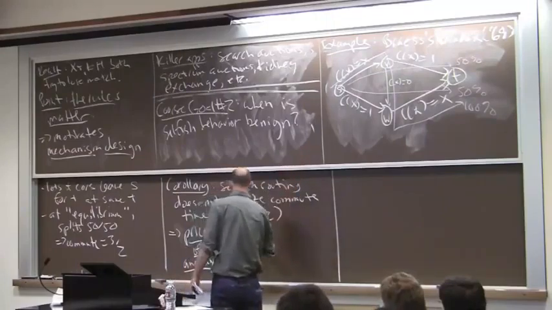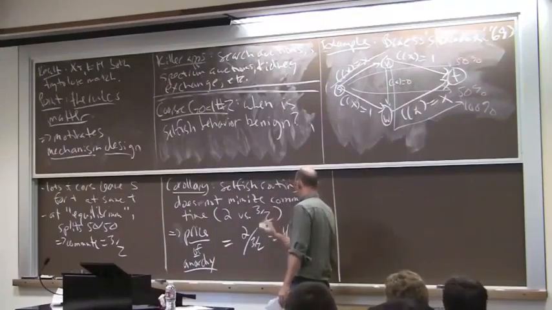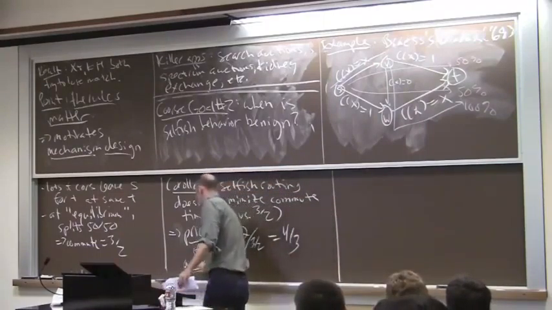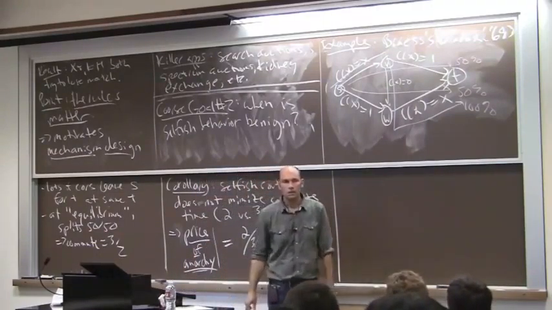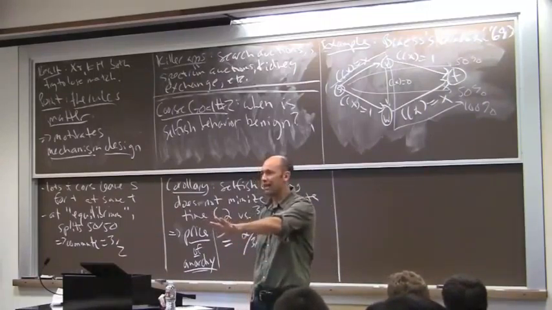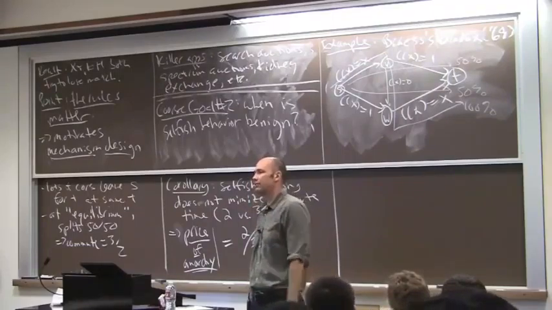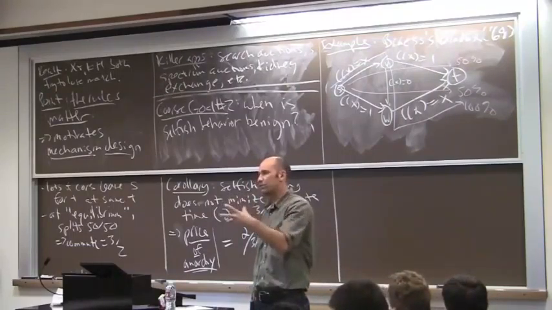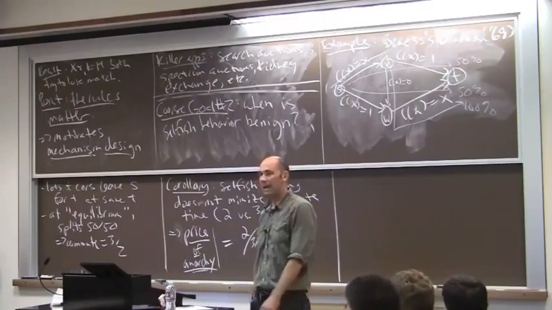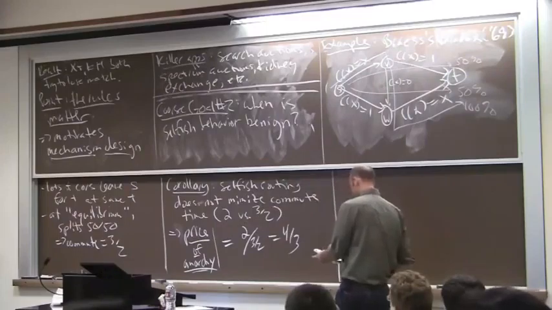So in this Braess's network, it's 2 over 3/2, also known as 4/3. When the price of anarchy is 1, that's the very happy situation where strategic behavior gives you exactly what you wanted anyways. The closer the price of anarchy is to 1, the more robust your system is to strategic behavior, the more essentially benign selfish behavior is in that system.